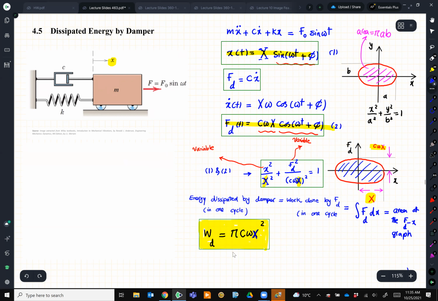The second thing is the force in the damping changes with X, with the position, in this ellipse form. And this is how the force FD as a function of X changes, as I graph it. This is their relation.